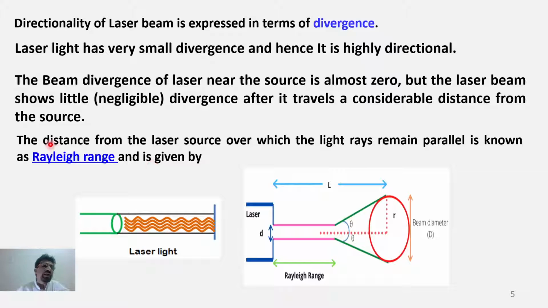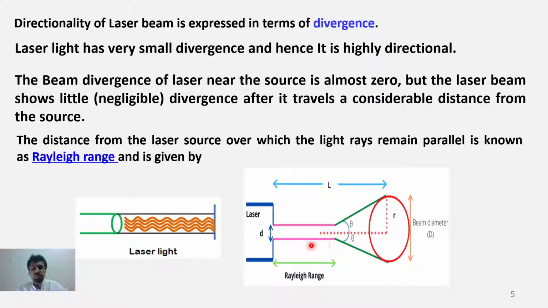It is due to that the laser light has a very small divergence, and hence it is highly directional. The beam divergence of the laser near the source is almost zero, but the laser beam shows a little, that is negligible, divergence after it travels a considerable distance from the source.